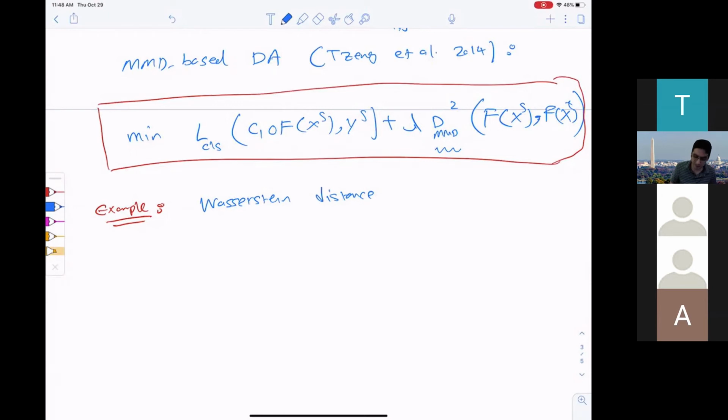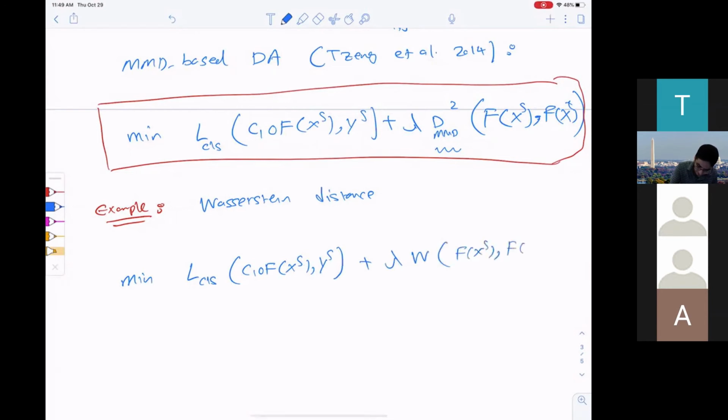Yeah, we can use it, but we'll have some additional computational difficulties. Here we have the classification loss. But if I replace it with, let's say, a Wasserstein loss between my source and target, the Wasserstein distance itself is computed via another optimization.